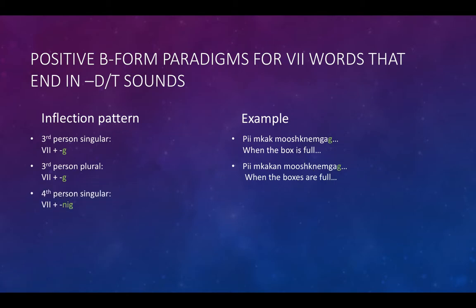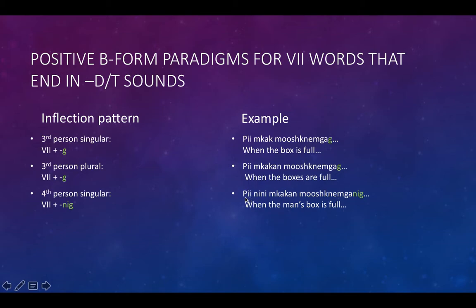Moving on to fourth person singular. It is our VII word plus the suffix nig. So our example here is P nene mkakan moshnemganig. So that means when the man's box is full. So again, P means when.